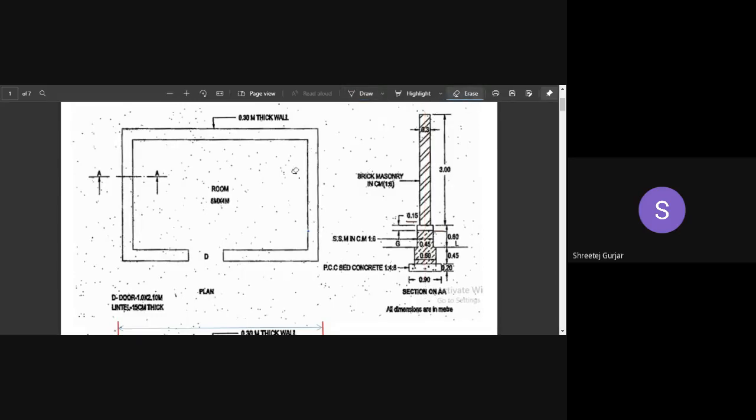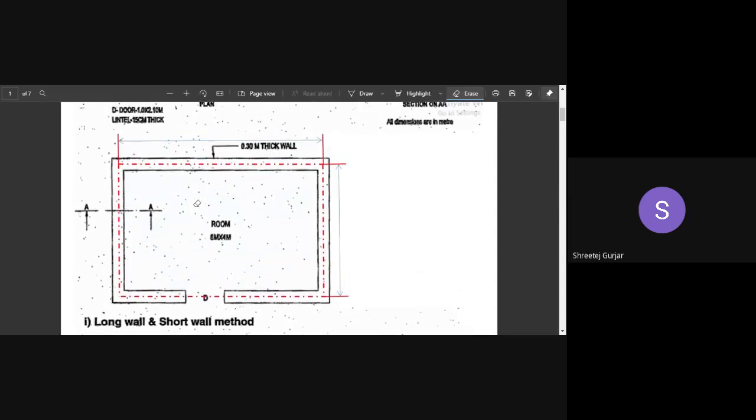Remember. Next, what we have to do in the long wall and short wall method. In the long wall short wall method, we divide all our walls into long walls and short walls. Either we consider them as long walls or as short walls. How do we decide?